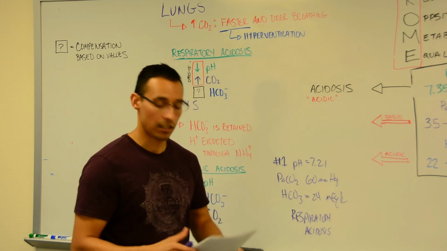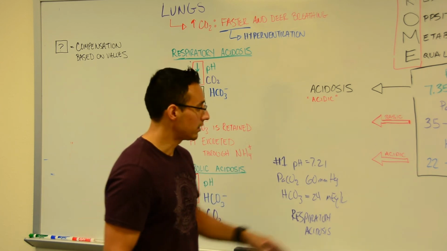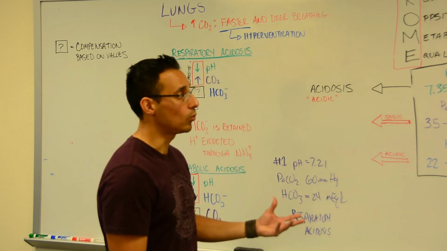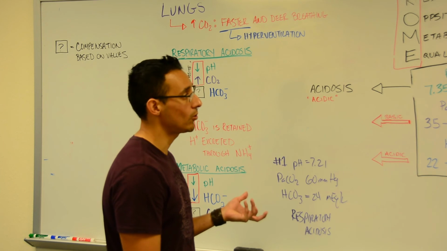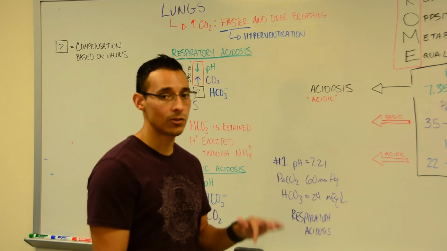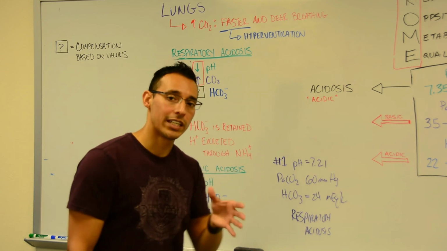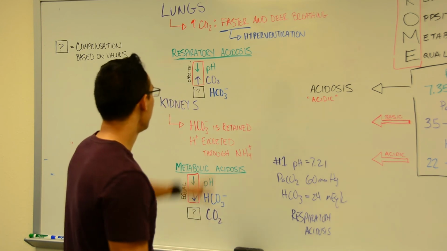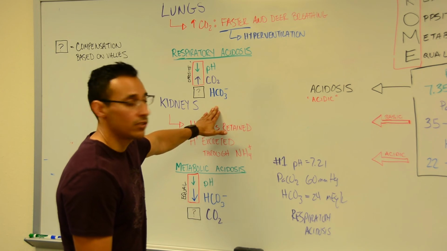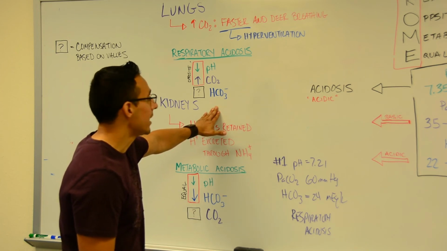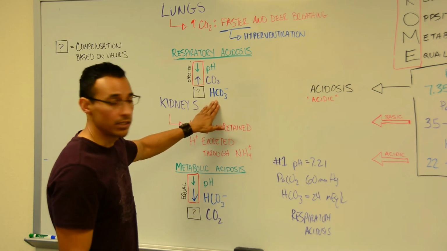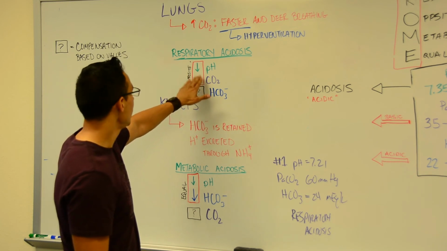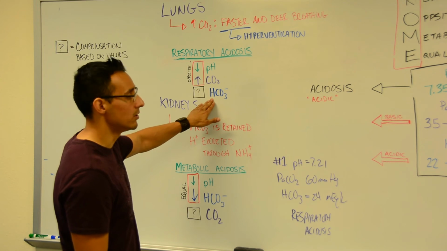For compensation, if you look at the parameters, all you're going to have to really do is find out first what state you're in, respiratory or metabolic acidosis or alkalosis. And then you're going to look at your values to see how it is compensating. So for respiratory acidosis, what you want to look at is your bicarbonate. So we know that your pH is going down, your CO2 is up, and we don't know what bicarb is doing.